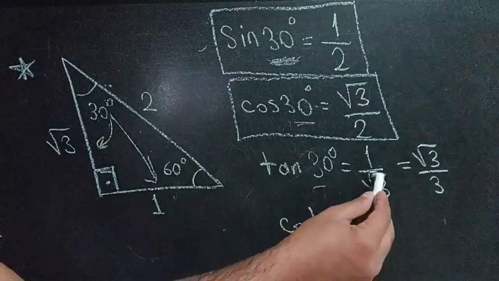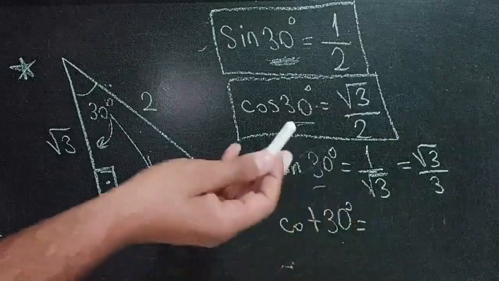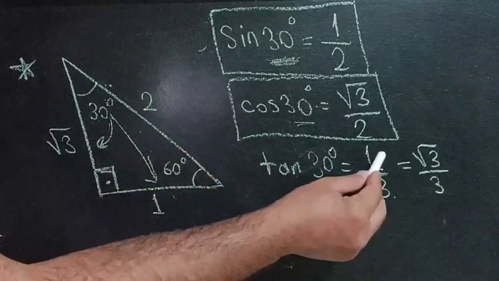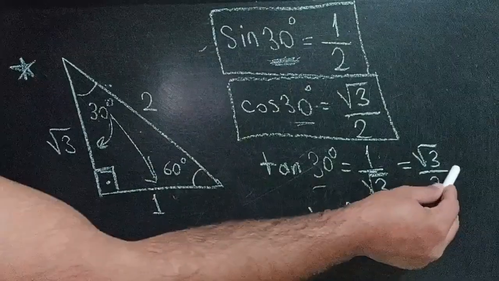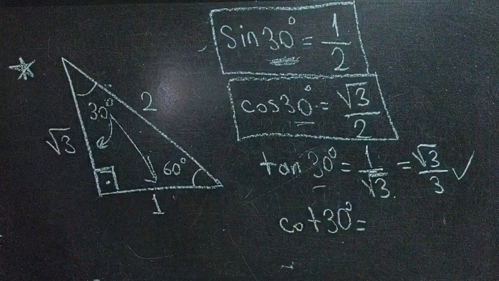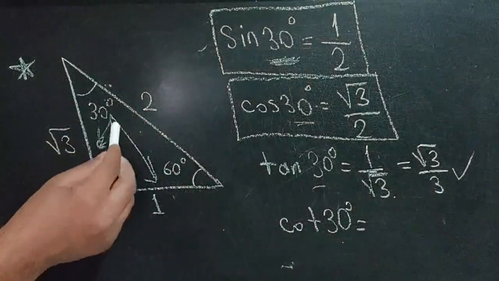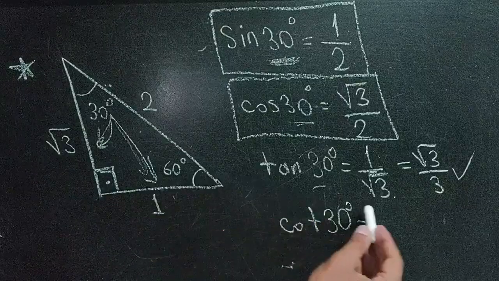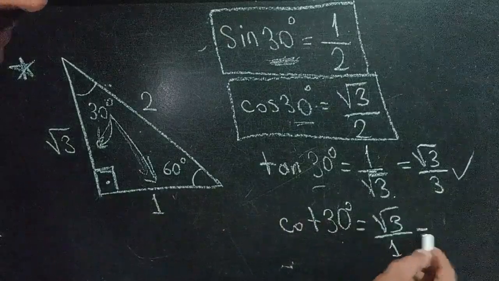You should not leave the denominator as square root of anything. Multiply by square root 3 and it is going to be square root 3 over 3. So cotangent is going to be adjacent over opposite, which is going to be square root 3 over 1, which is square root 3.